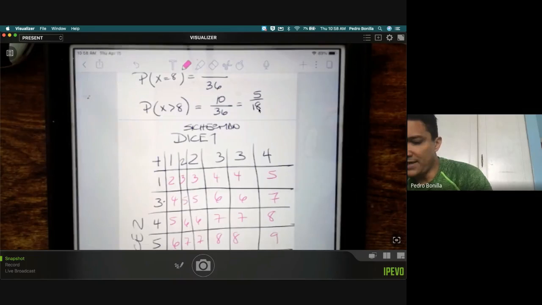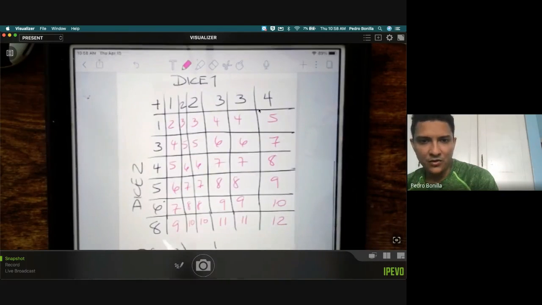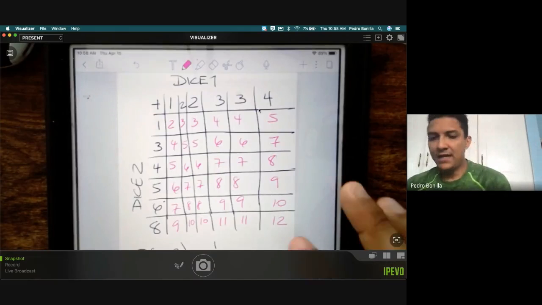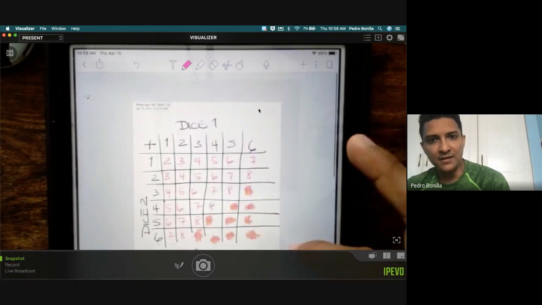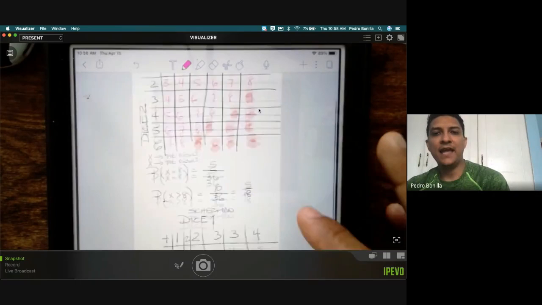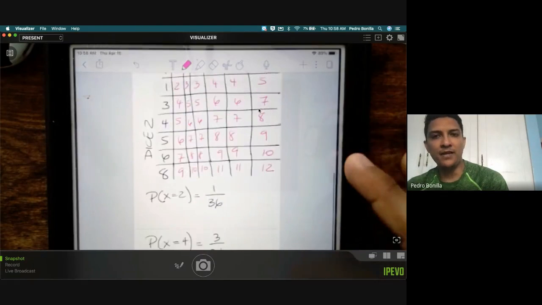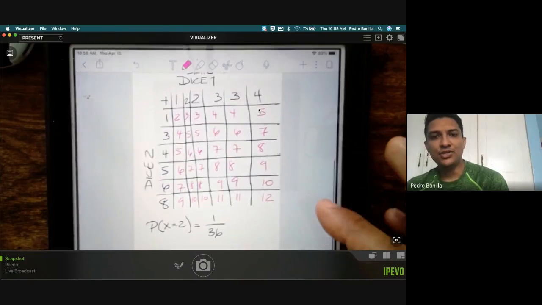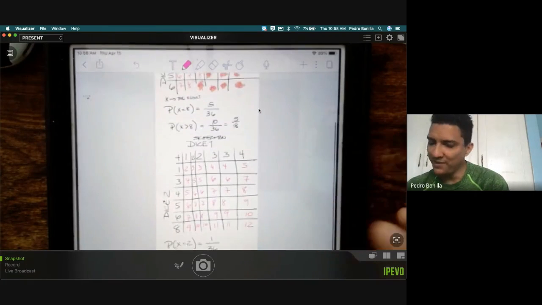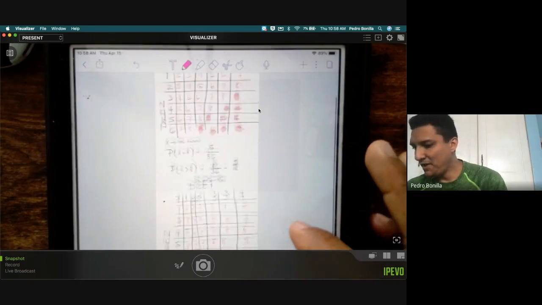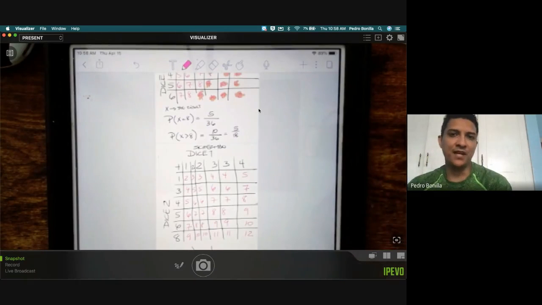It seems that the 9 is the one. Ah, no, here it is. 1, 2, 3, 4. So yes, it seems that both the Zickerman dice and the normal dice have the same probability of getting each outcome. If you find one that is not the same, please let me know. But based on what I can see here, it is the same.